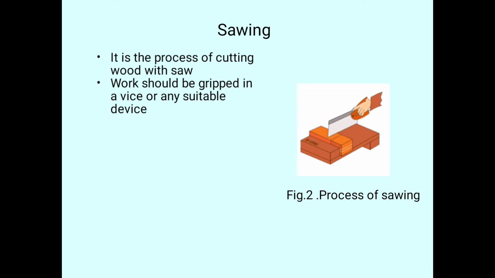Wood should be gripped in a vise or any suitable device. Before going to the sawing operation, we have to clean the wooden workpiece and fix it in a vise so that the workpiece is held stationary, without moving, while doing carpentry operations.